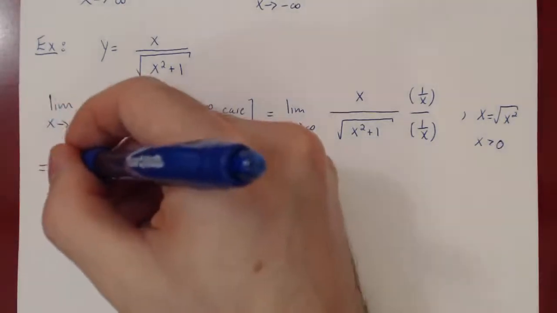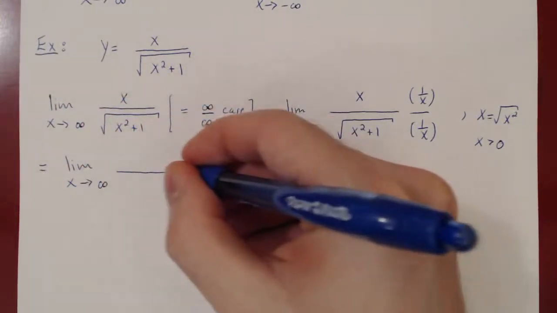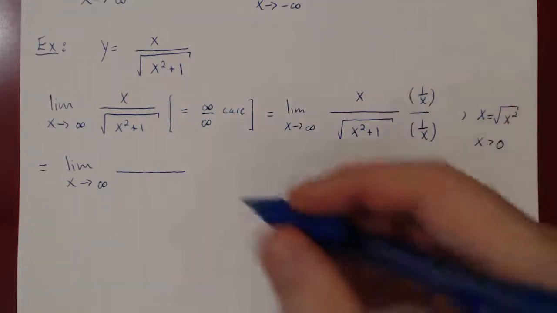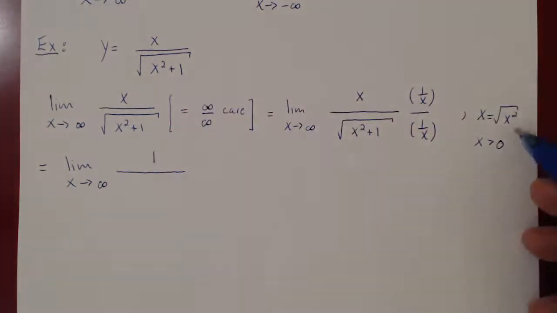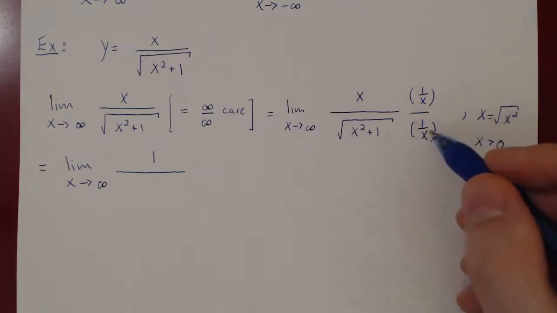This will give us, as x approaches positive infinity, well, x times 1 over x is simply 1. And here we're going to have the root of x squared plus 1 divided by the root of x squared.